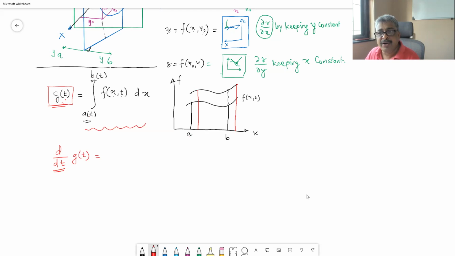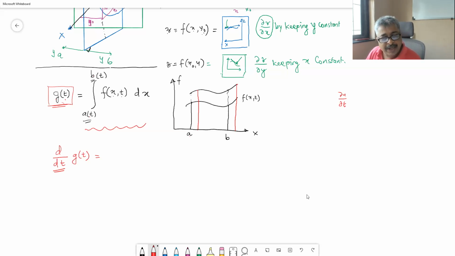If A is dependent on T, then I need to know the rate of change of A with respect to T. Let us call it del A by del T. If we know the speed and how much time we are driving, we come to know how much distance we have traveled, like that.